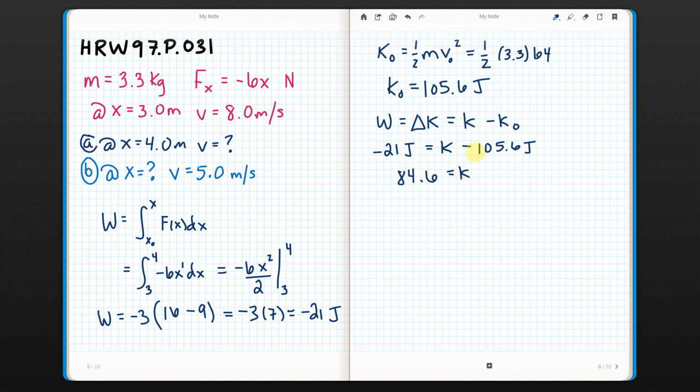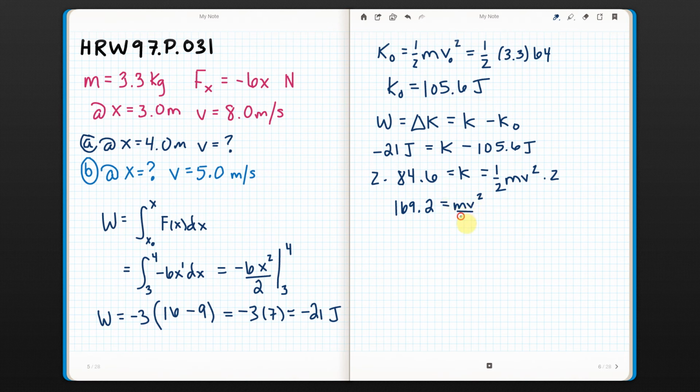84.6. Kinetic energy equals 1/2 mv squared. So if I solve for v, let's see, I can multiply both sides by 2, and I get 169.2 equals m times v squared.